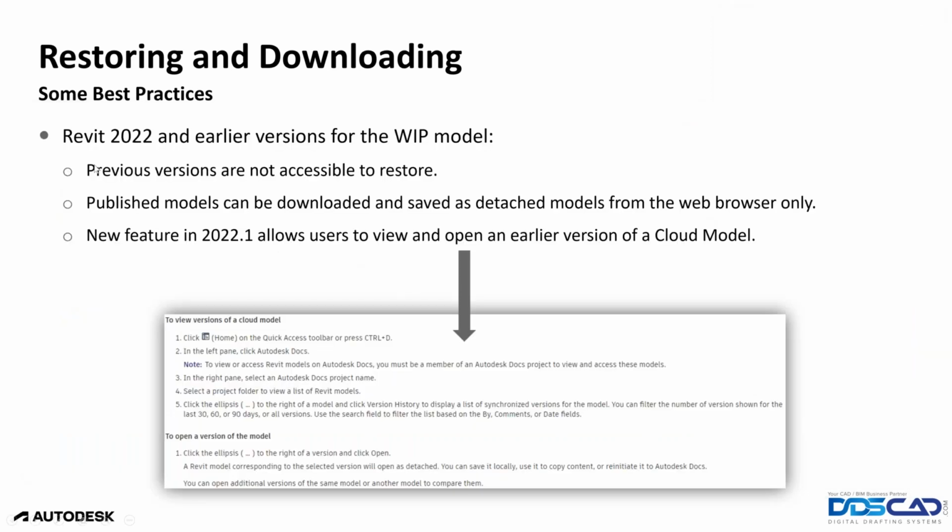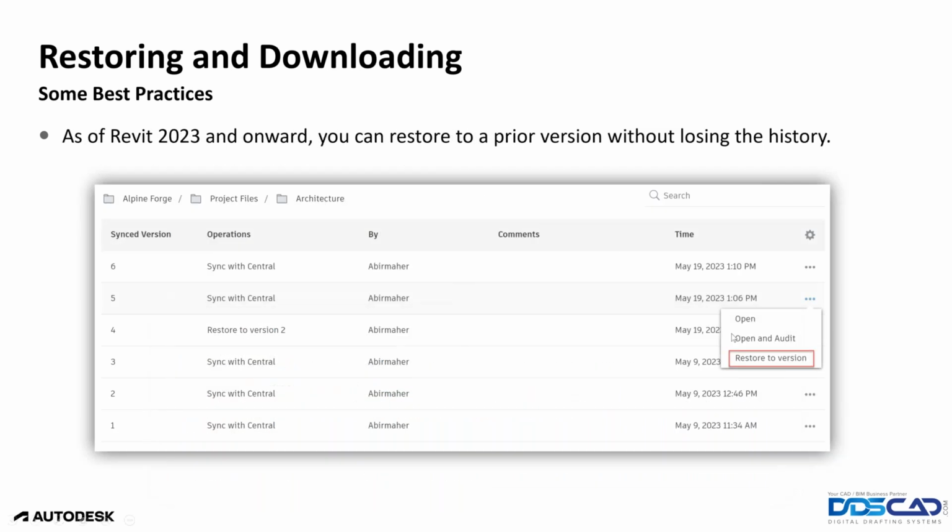And so this is what we were just talking about. So Revit 2022 and earlier versions for the work in progress model, previous versions were not accessible to restore, only from what you had published, like we talked about. Published models can be downloaded and saved as detached models from the web browser only, and then re-uploaded. But then as of 2022.1, users are allowed to view and open earlier versions of cloud models. Okay.